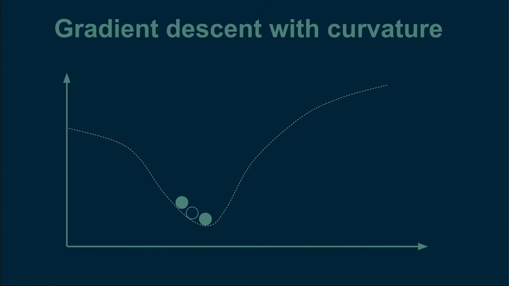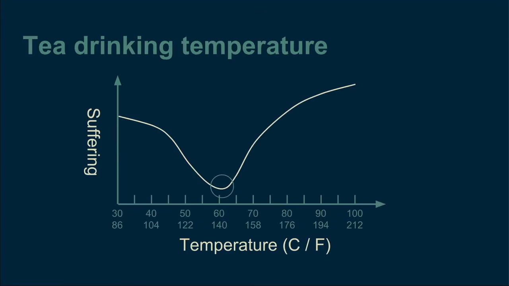Then you can do it again, and if that curvature is starting to bottom out, then you can take a smaller step, because that's the signal that you're getting closer to the bottom. It helps you do this in fewer steps, as long as your curve is relatively well behaved, which is not always the case.